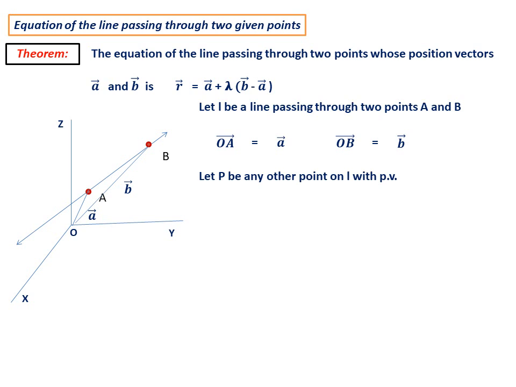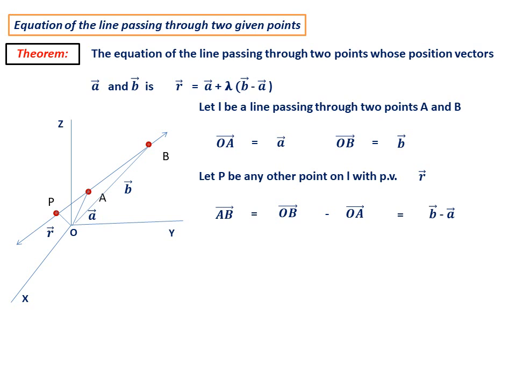Now this is important. Let P be any other point on the line with position vector R. So other than A and B, you take any point. For example, P is the point with position vector as shown in the diagram. So position vector is R. Now you see here vector AB, this is on the same line, that is equal to OB minus OA.